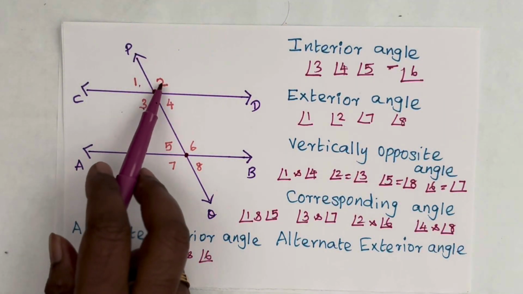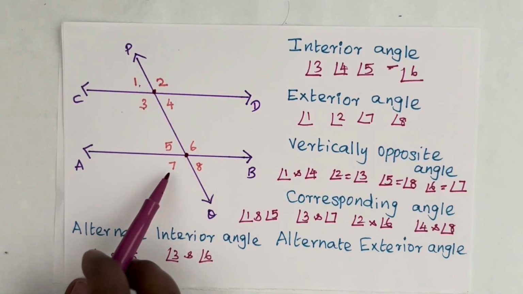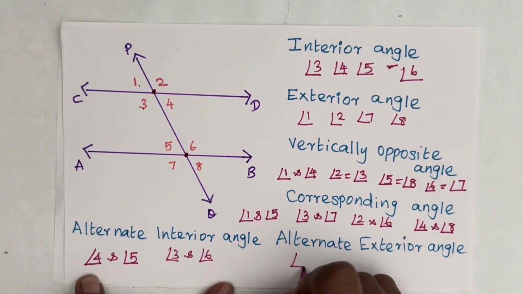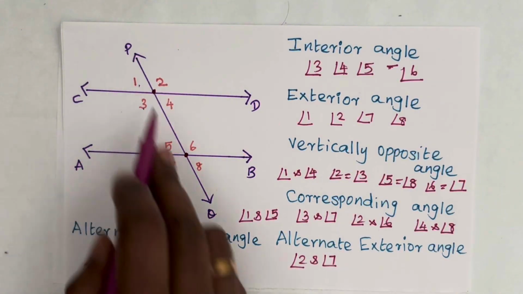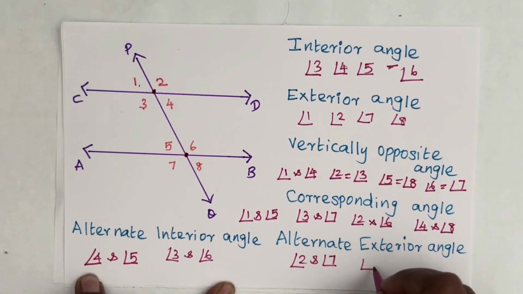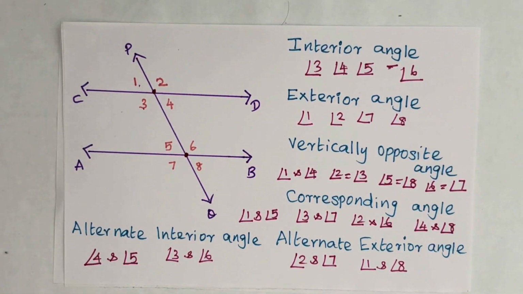Alternate exterior means opposite side: 2 and 7, and 1 and 8. So in this example, we identified interior angles, exterior angles, vertically opposite angles, corresponding angles, alternate interior and alternate exterior angles as well.